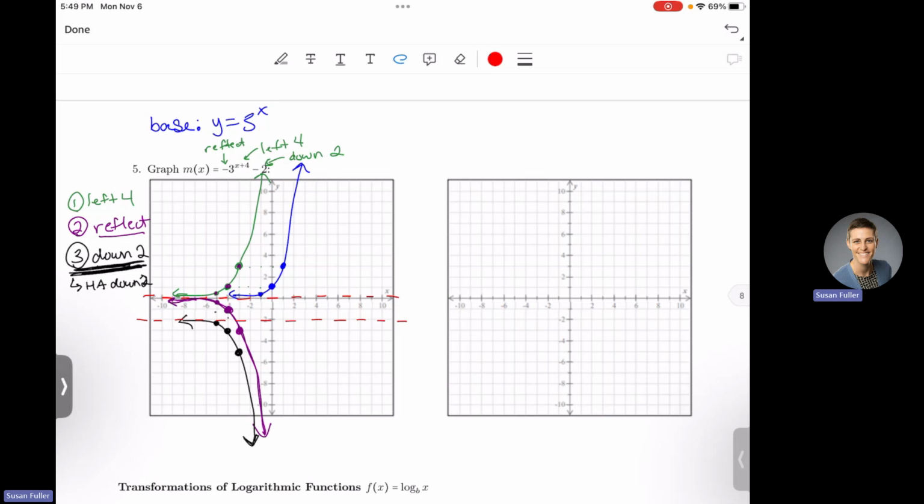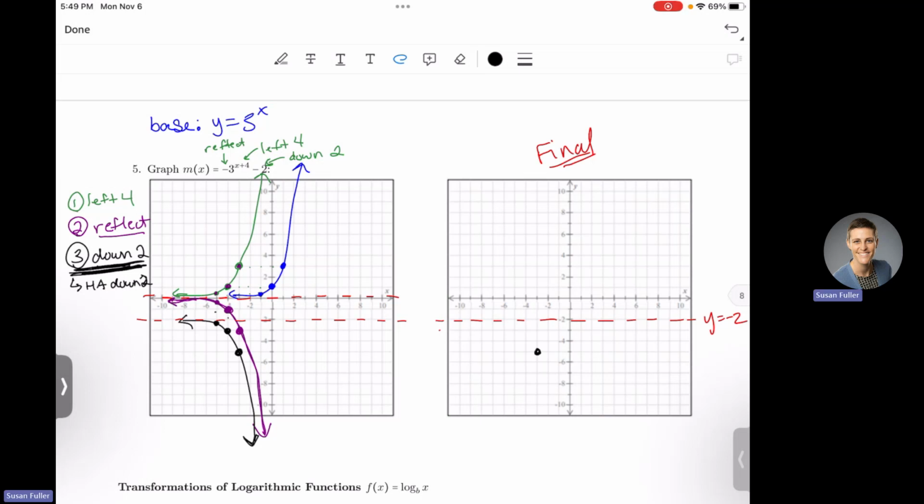So this is all my scratch work. I'm going to write the final version over here. And so we had a horizontal asymptote at y equals -2. And my final graph was this guy. So I was at -3, -5.